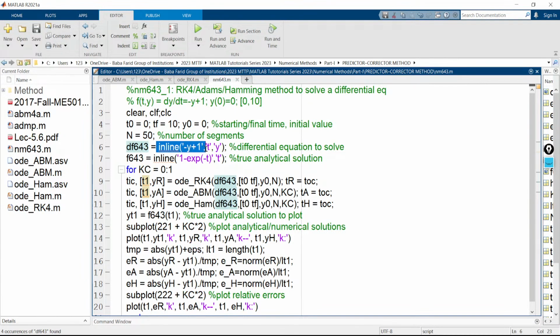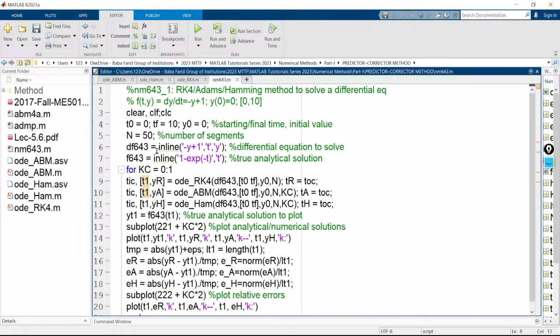This is the inline function, the differential equation to be solved, which is minus y plus 1. We are using an inline function here. This is t and y. t is the independent variable, y is the dependent variable.